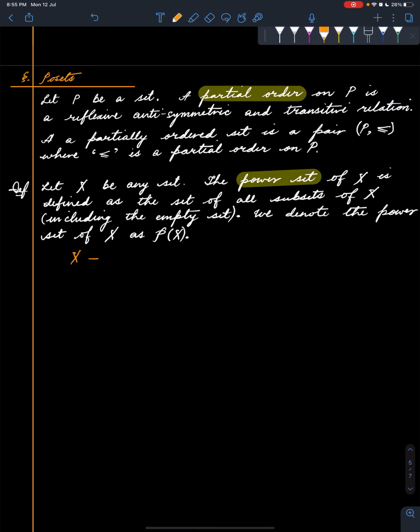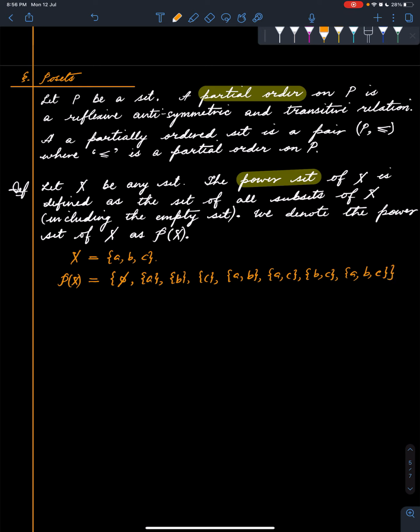Suppose x were equal to a, b, c, just a 3-element set, then the power set of x would have the empty set, then all the singletons that one can form using elements of x, then all the doubletons, and then finally the entire thing itself. So this has 8 elements.